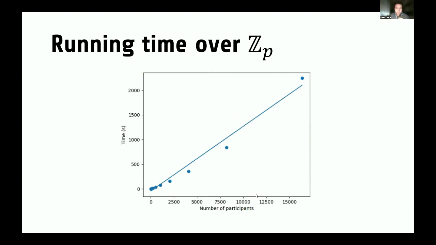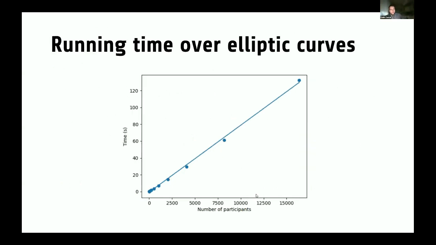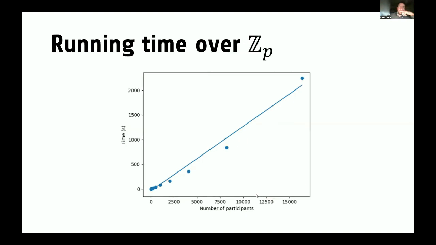So this is just a quick comparison between the running times of two versions of the protocol, because we can do the same protocol in any algebraic structure where the discrete logarithm problem is hard, and if we do it with elliptic curves, we get a huge improvement in running times.